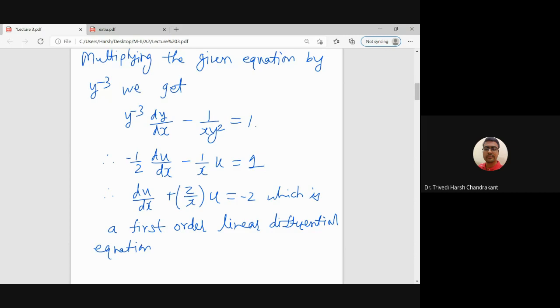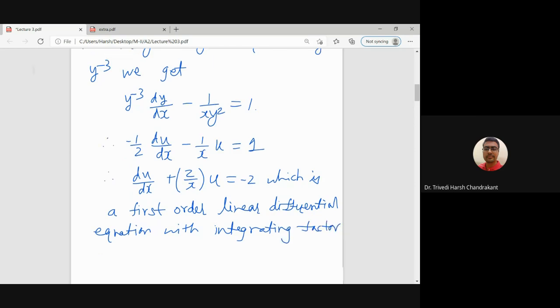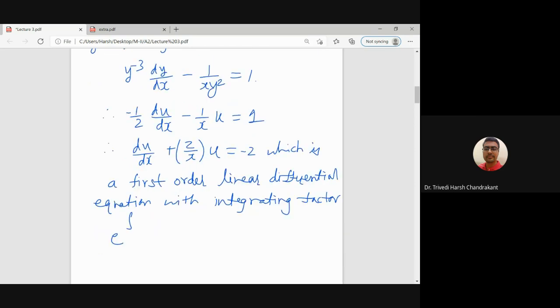We have an integrating factor for the first order linear differential equation, which is e^(integral of p(x)), that is the integral of 2/x dx. So this integrating factor will become e^(log x^2), right?